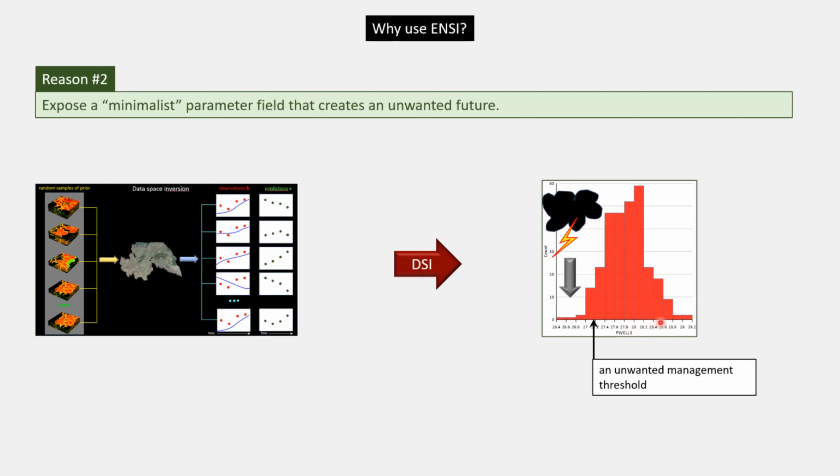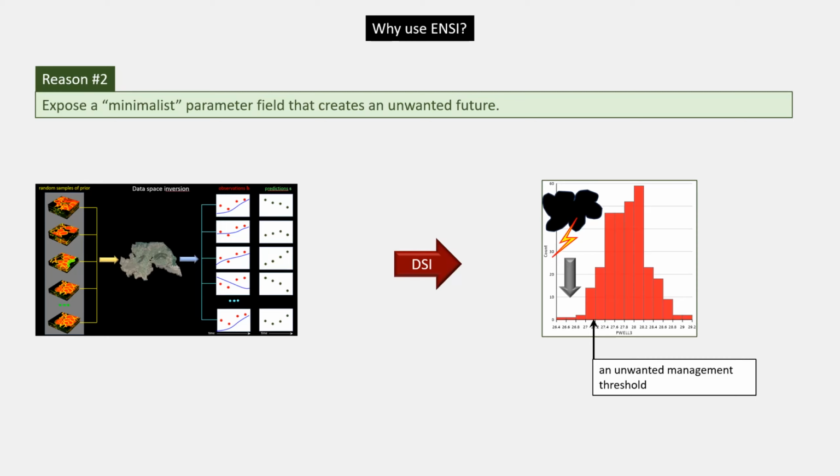We may then want to know, well, what could make this happen? What is the actual parameter field that could cause the things we don't want to happen to actually happen? And we're entitled to ask that.